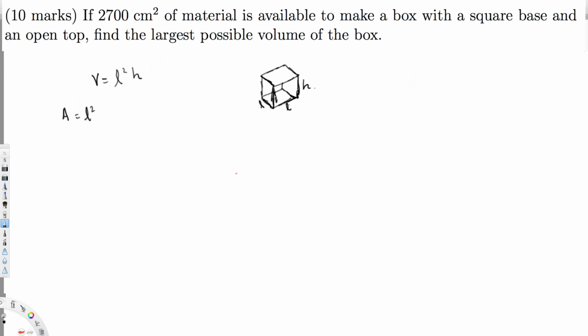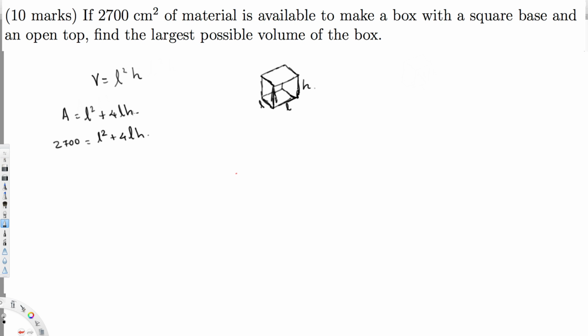The area of one side is length times height, so it's going to be LH. Since we have four sides of the same length and height, we can say it's 4LH. And from this we know the area is 2700, equal to L squared plus 4LH.